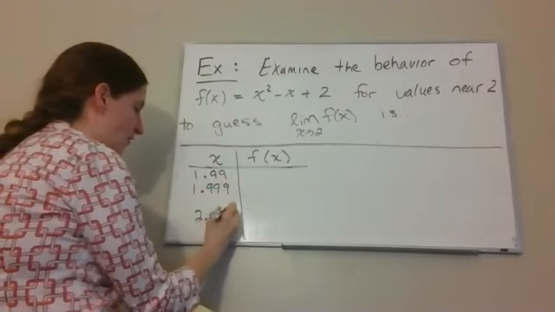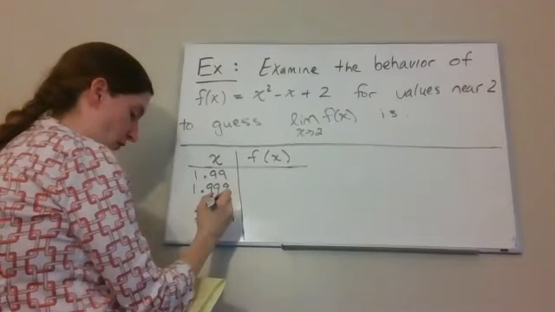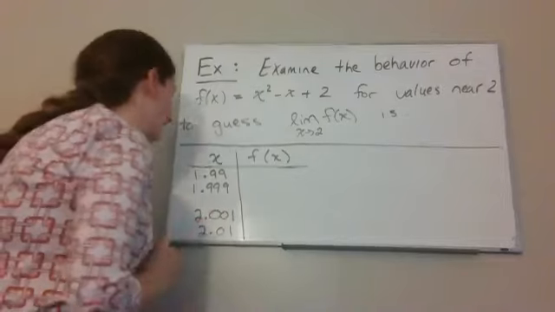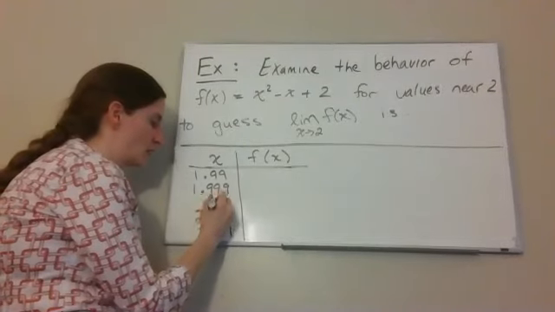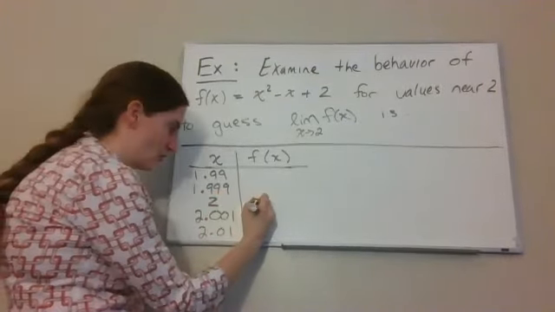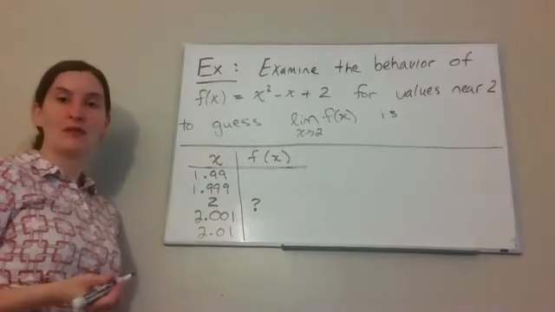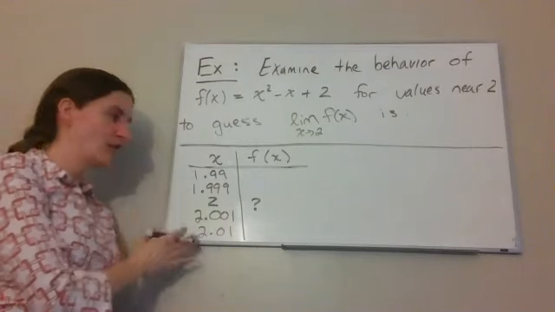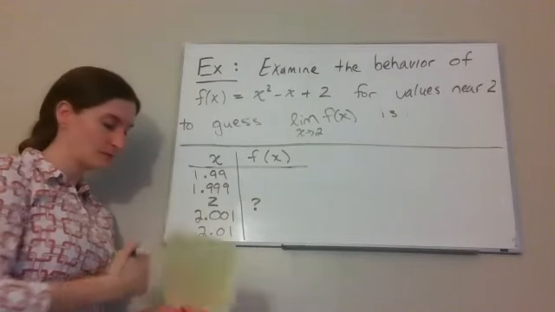On the other side of 2, I'm going to do 2.001 and 2.01. All of those values are very, very close to 2, but I'm not actually going to plug in 2 to see what this limit is. I'm going to instead evaluate this function at these different values that are close to 2.